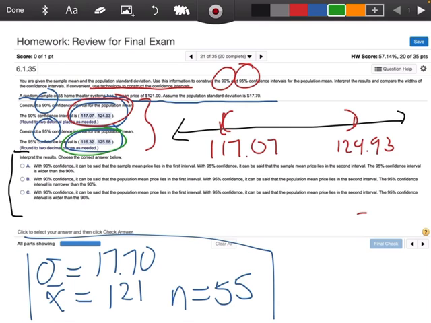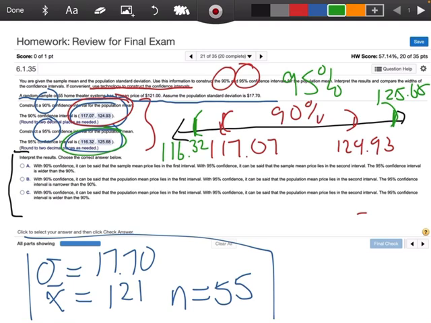So 116 is actually going to be further to the left, 116 and 32, and this one is the 125 and 68. Okay? So the red is the 90% confidence interval, and the green is the 95% confidence interval. Which one is wider? Well, the 95% confidence interval is wider than the 90%, right? So far, A looks like it's going to be my answer.